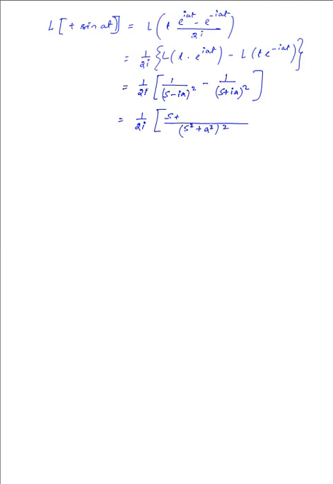At the top we have s square plus 2ias minus a squared, and then minus s squared minus 2ias minus a squared. With all of that, solving this would give us 2as over s squared plus a squared whole squared.